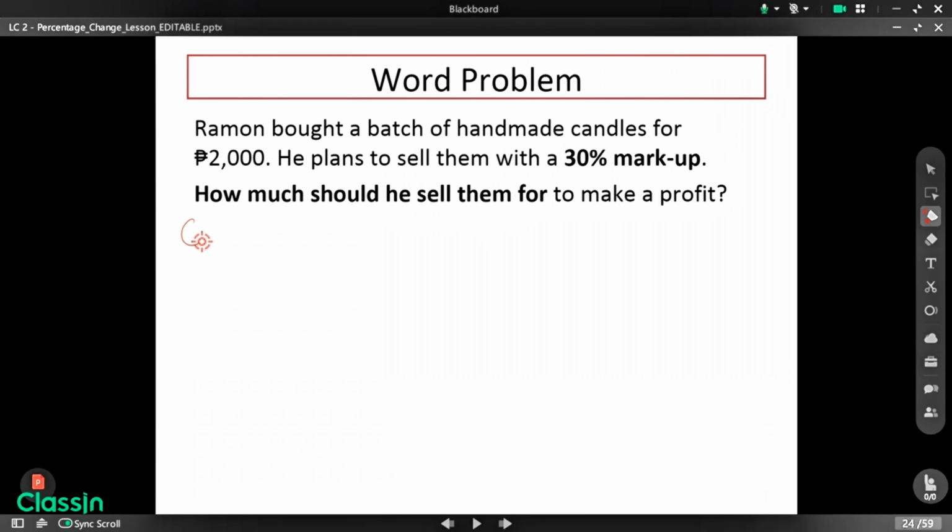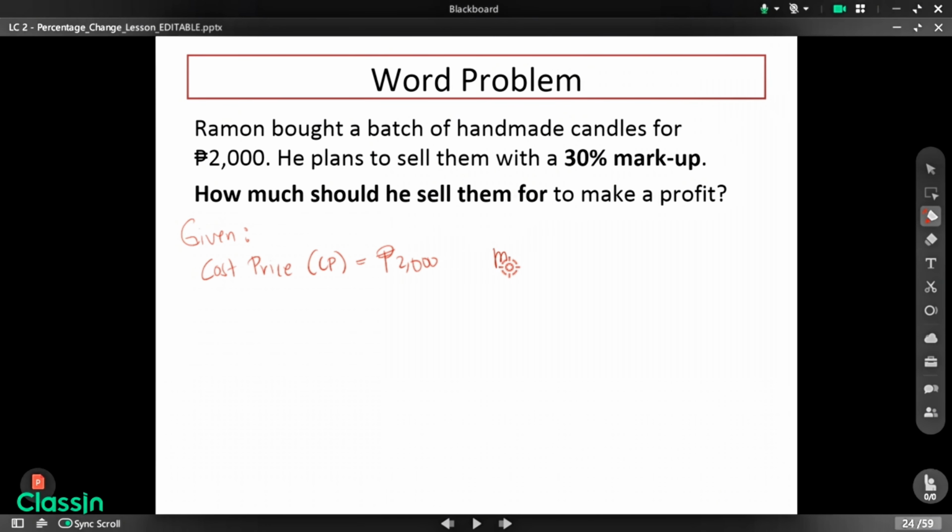So let's write all the given based on the problem. So we can say that the cost price, let's denote it as CP, is equal to 2,000 pesos.